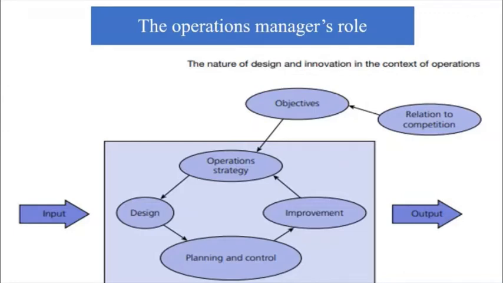Maybe we're wondering why planning and control is at the bottom of the improvement and design. It is because we don't need planning and control if we don't have improvement and design. This is the reason why planning and control goes down to the bottom of these two.